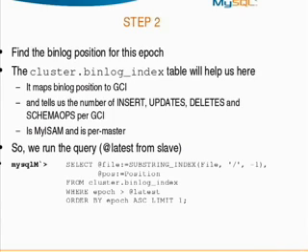It also has some statistics of how many inserts, updates, deletes, and schema operations there were per epoch. It's an NDB table, which is per master. So each master has a different mapping, as I mentioned. So we grab the latest epoch we've got from the slave, and then we want to, on the backup master, select where this epoch is in our binary log.